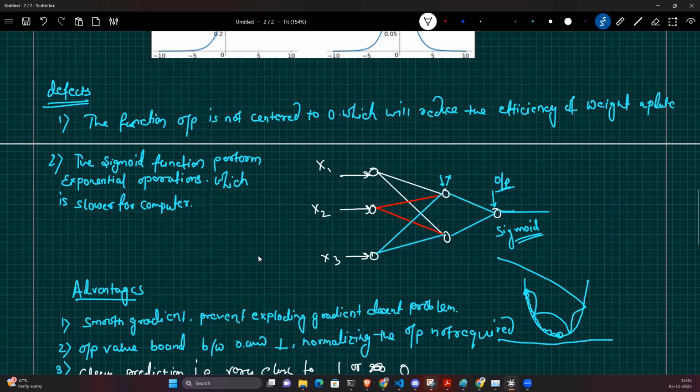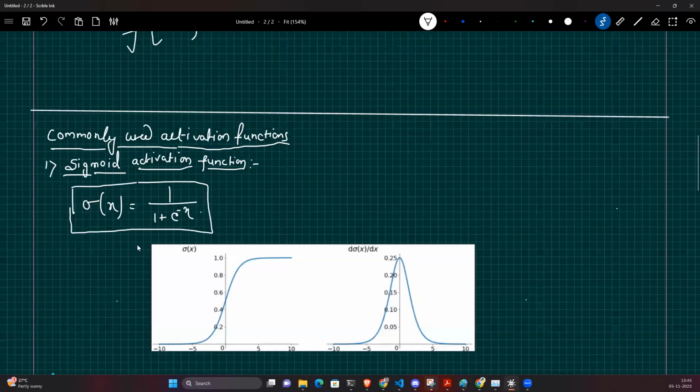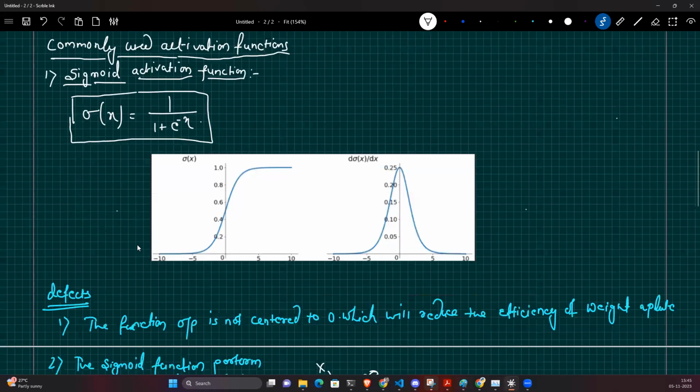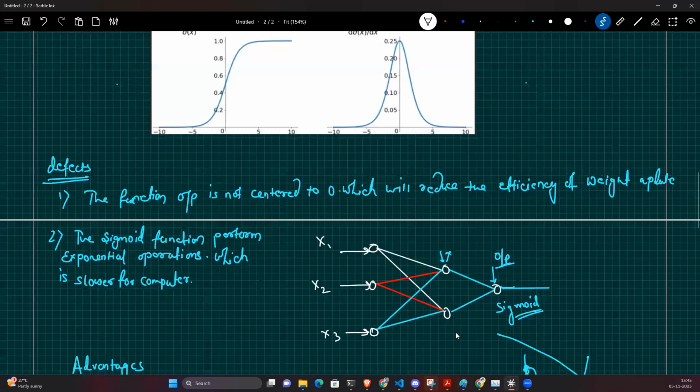So overall, what did we understand about the sigmoid activation function? Number one, we should apply it at the output layer, and only when the output is categorical, or a binary classification. The disadvantage is that it's not zero-centered.